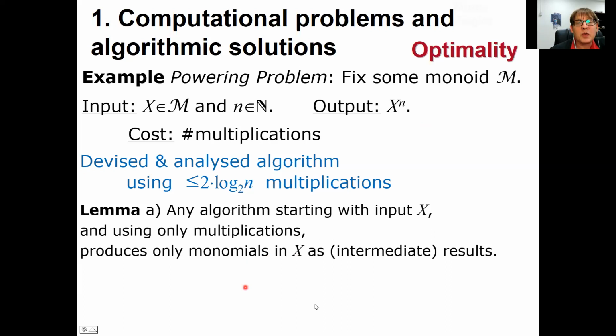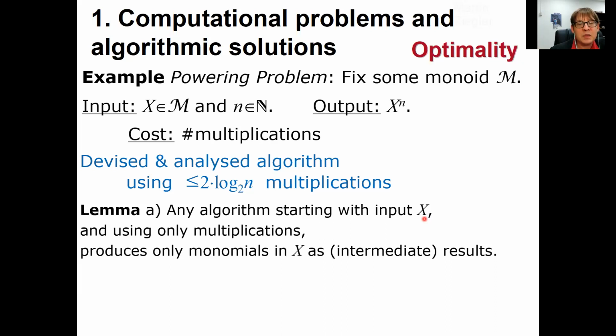then that algorithm produces among its intermediate results only monomials. No polynomial, no rational fraction, nothing else, just monomials in this one variable x. And that's kind of obvious, right? As I said, it's a simple statement, which you can immediately prove by induction. An algorithm using 0 multiplications has only the input itself as intermediate result.